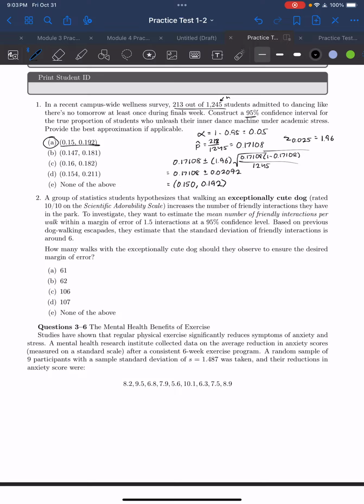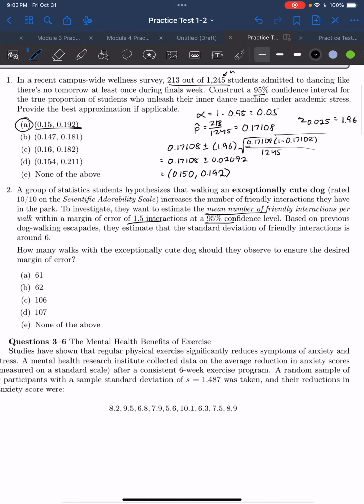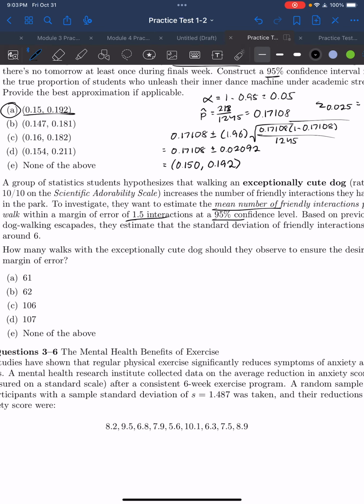So here we want to estimate our mean number of friendly interactions per walk, and then we want our margin of error of 1.5 interactions, and we want a 95% confidence interval. So our alpha value will be 0.05, since that's 1 minus 0.95.